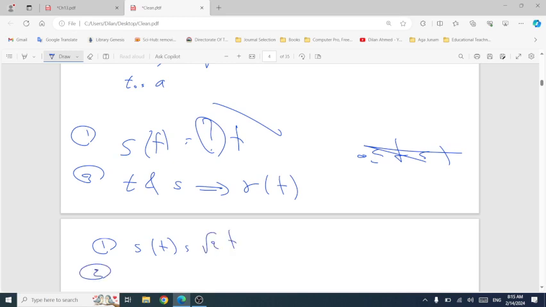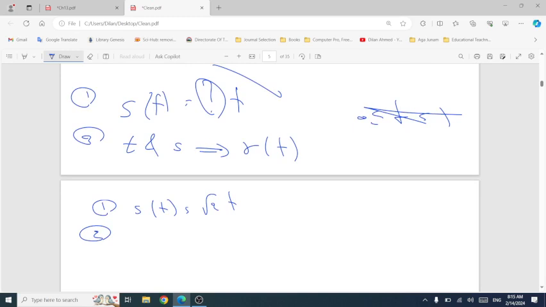Now, second step, find the relation between T and S. How? I say T equal to what, Jamaat? T equal to what? Anybody home?